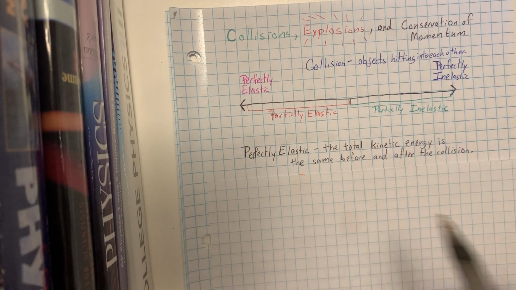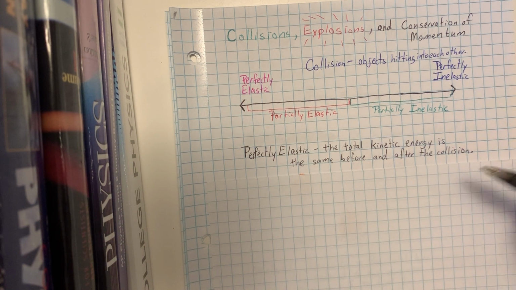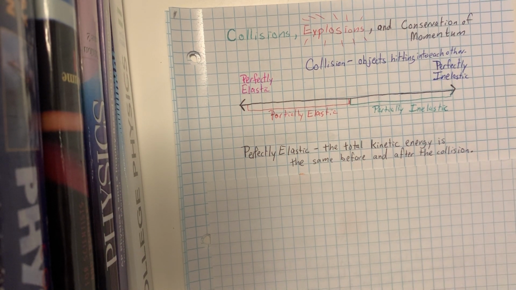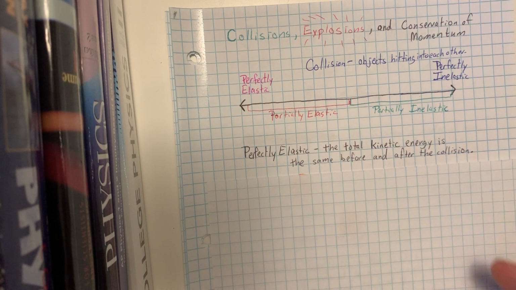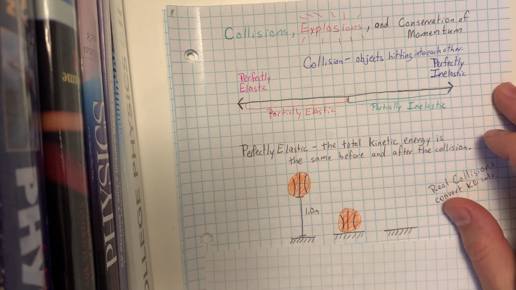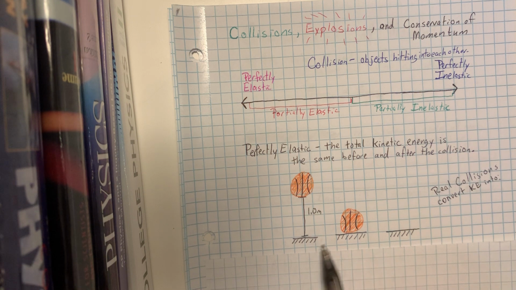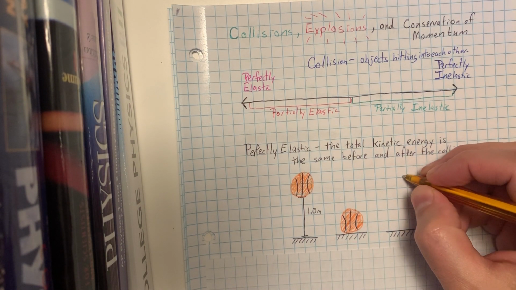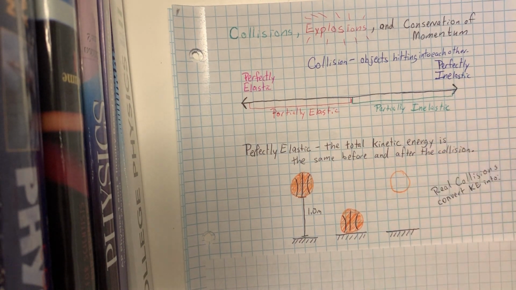So other things that are going to happen in a collision, they make sounds, right? So if we had a perfectly elastic collision and we dropped a ball from 1 meter, it's going to hit the ground, and then it's going to rise back up to a height of exactly 1 meter.